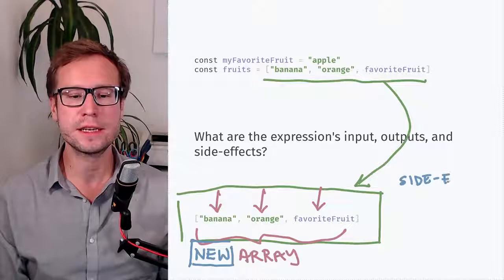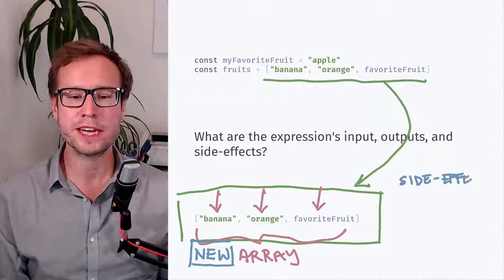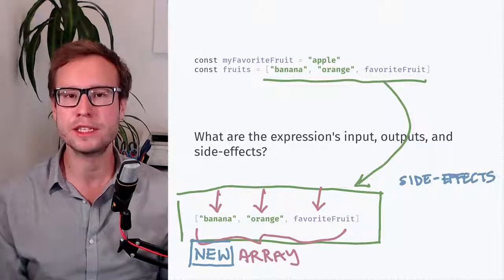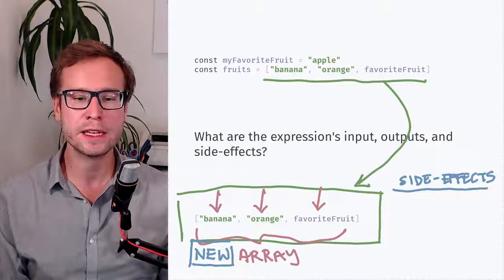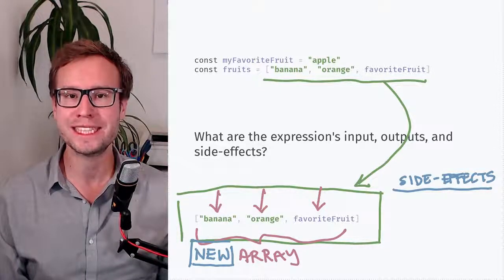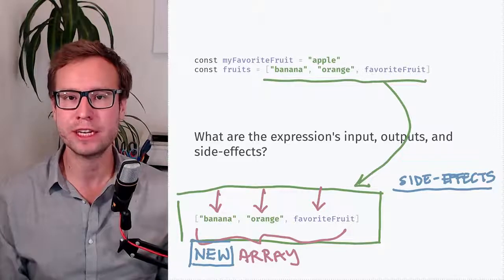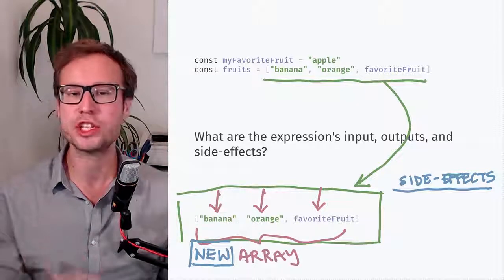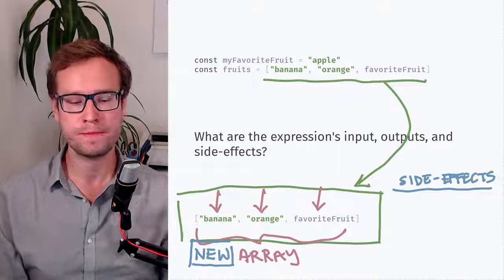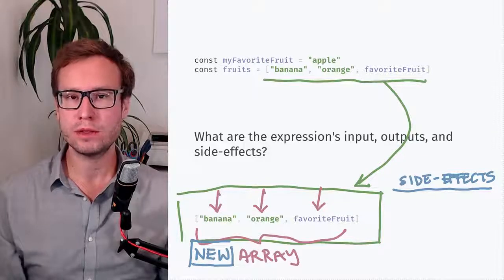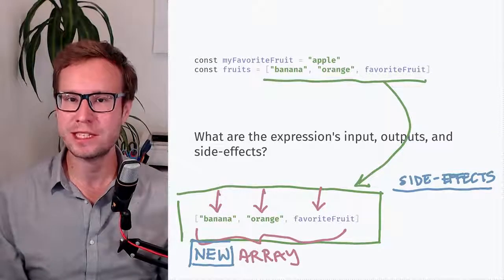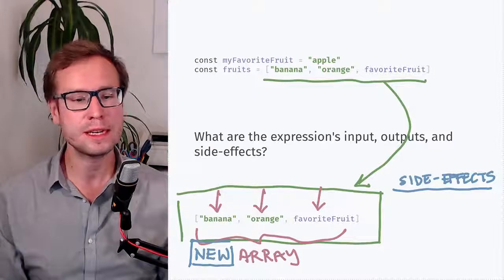Side effects, well, there is a side effect here, and I've already mentioned it a few times. What's the side effect of this expression getting evaluated? When it gets evaluated, what really happens outside of just the inputs and the outputs? Well, the memory is affected. Something happens in memory. What happens?